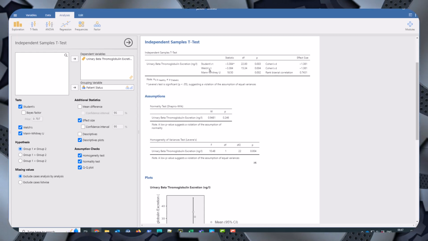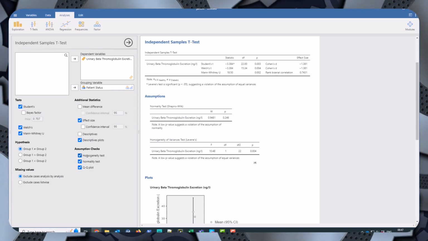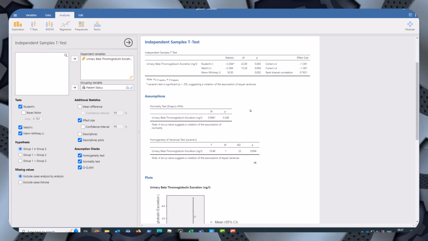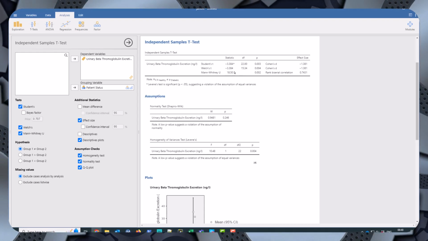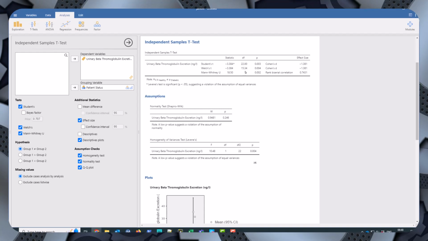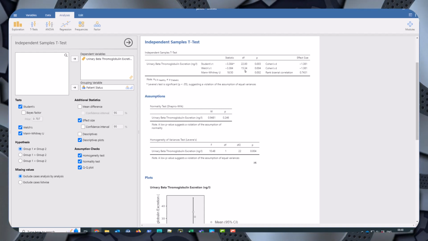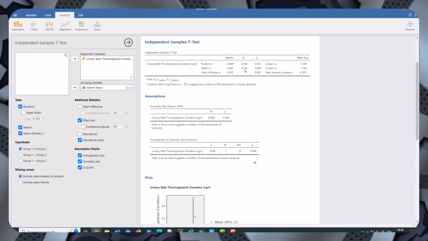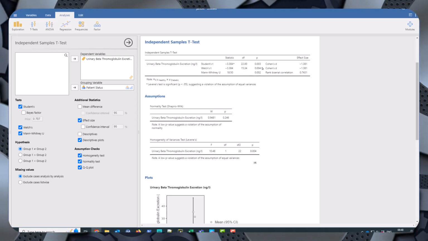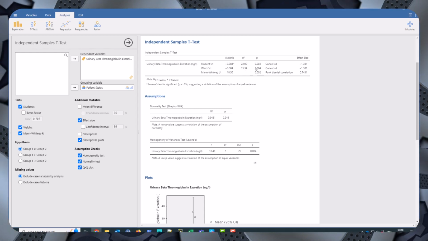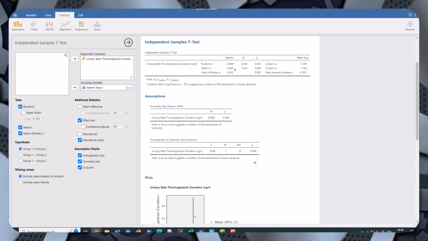When you do Welch's, which corrects for having unequal variances, which we tested with this homogeneity test, Levene's test, you find that the test statistic is exactly the same, but the degrees of freedom change because there's a very complicated formula used to calculate that based on the ratios of the two different variances between the two different samples. So the p-value changes very slightly to being 0.004 instead of 0.003.